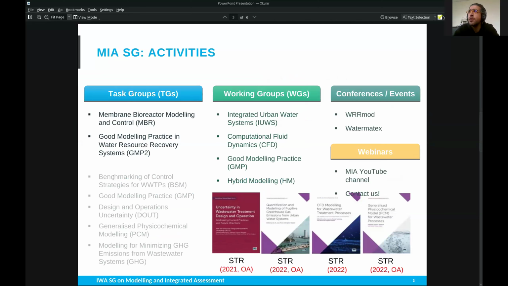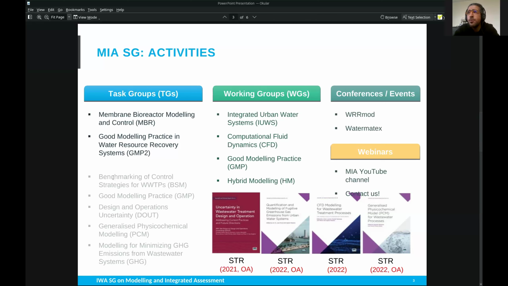We have quite a few task groups and working groups within this specialist group. Task groups are usually a group of a few people who join to do a certain task. The good modeling practice (GMP) is probably one of the most famous ones, done some years ago by a group of people from the specialist group at MIA.